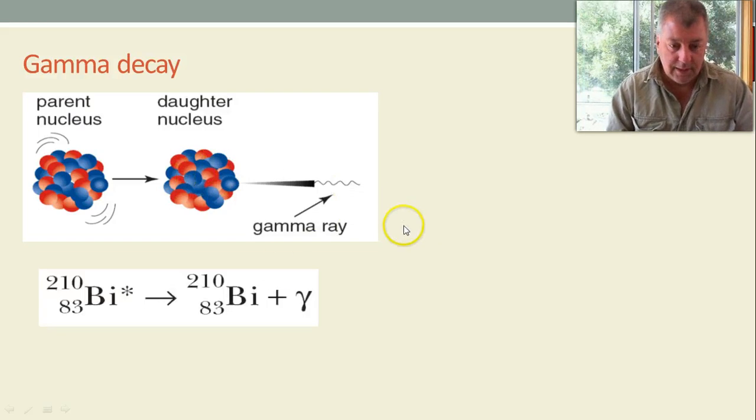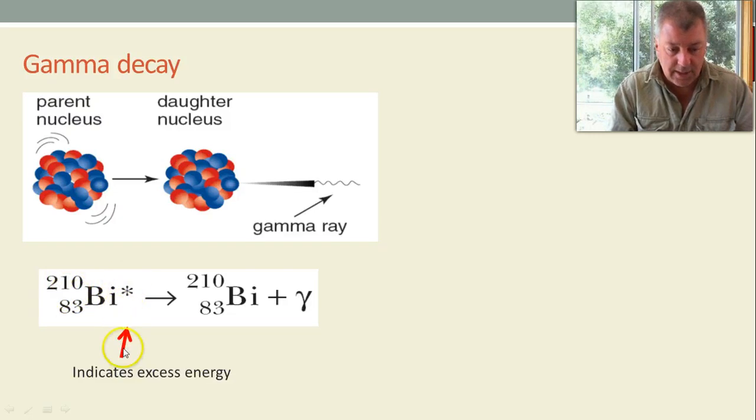What does that look like? Like this. Okay, there's bismuth 210. That little asterisk there indicates an excess of energy. Could also be a little m, meaning metastable, means it has to decay. And there it is without that symbol, and there's our little bundle of energy in the form of a gamma ray.